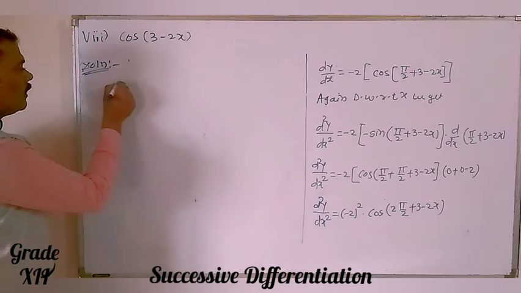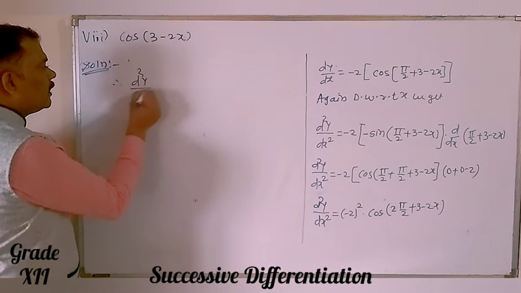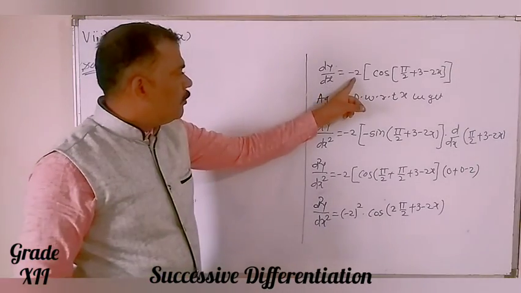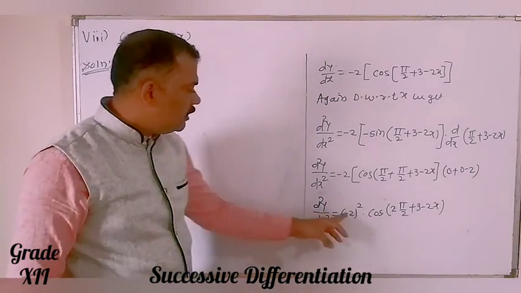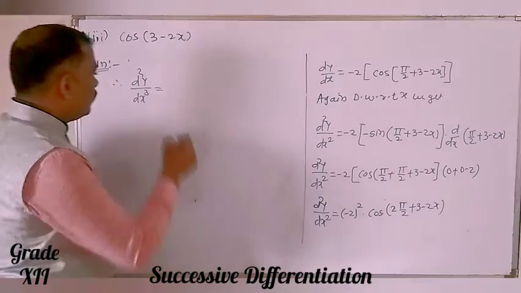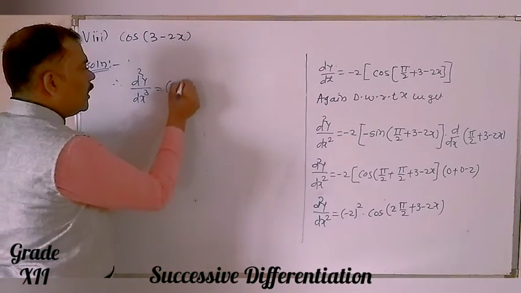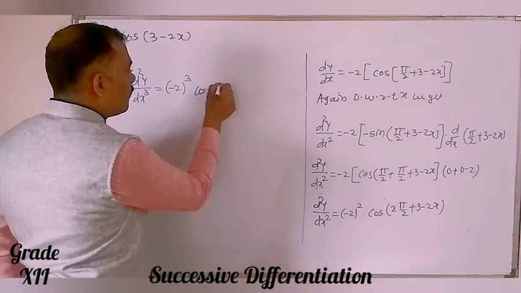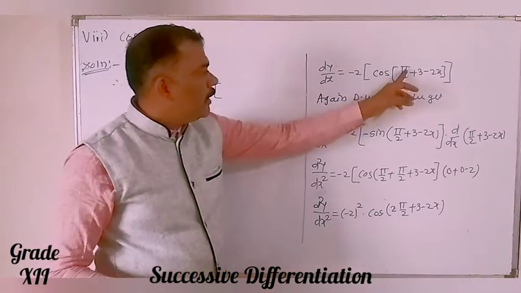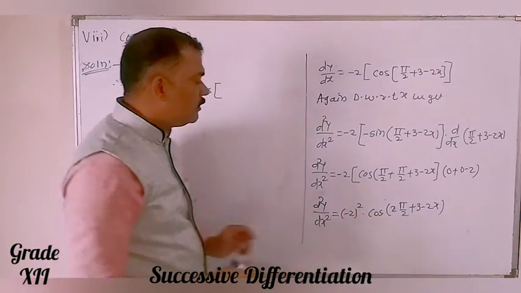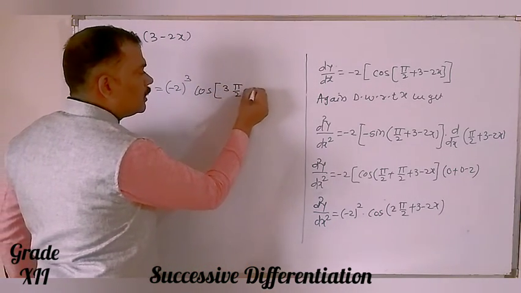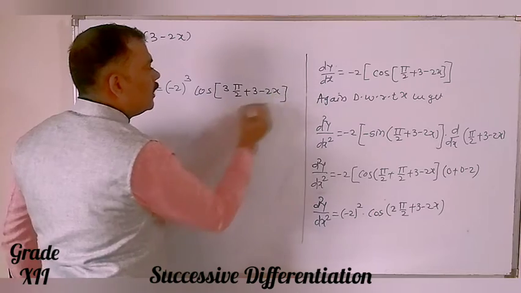Therefore, d3y by dx raised to 3: for the first order derivative the power of minus 2 is 1, for the second order derivative the power of minus 2 is 2, and for the third order derivative the power of minus 2 is 3, into cos of, where the coefficient of pi by 2 is 1 for the first, 2 for the second, so here 3 times pi by 2 plus 3 minus 2x.